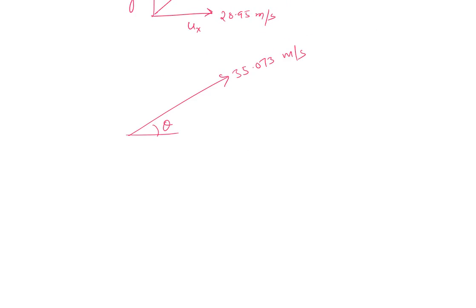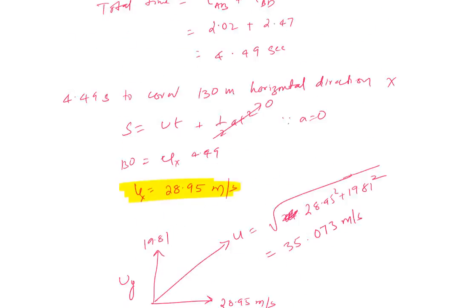Angle theta is equal to tan inverse of the vertical component, 19.81, divided by 28.95. That comes to 34.37 degrees. Okay, all right, so let's recap.